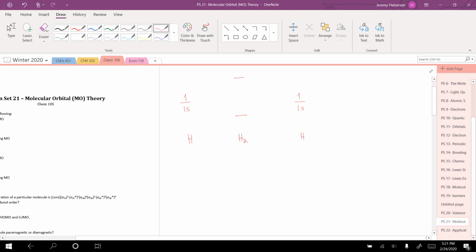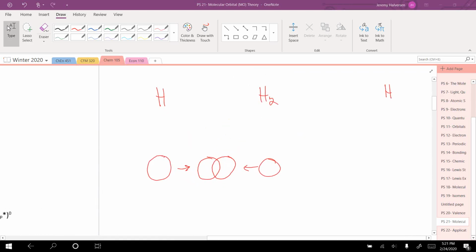So let's talk about what this would look like if you had these two s orbitals and they came together. Remember, these orbitals are waves, and when they overlap each other, these two orbitals can add together either constructively or destructively.